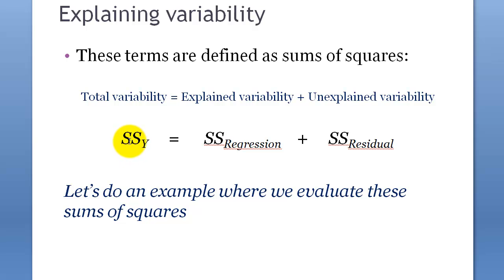For example, sum of squares y is the total variability. Sum of squares is the sum of all the variabilities. So that's the total variability.